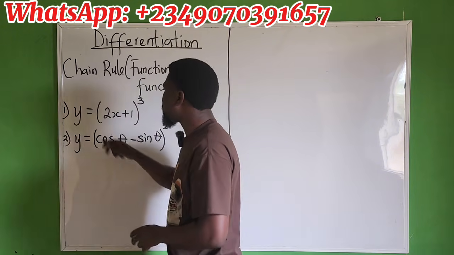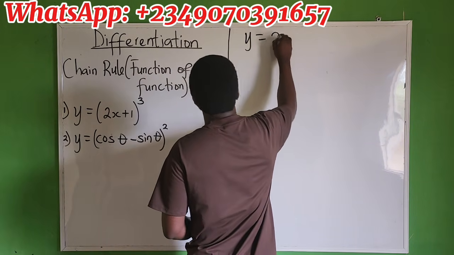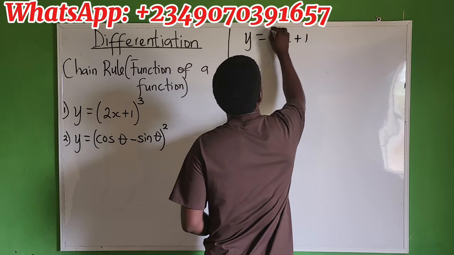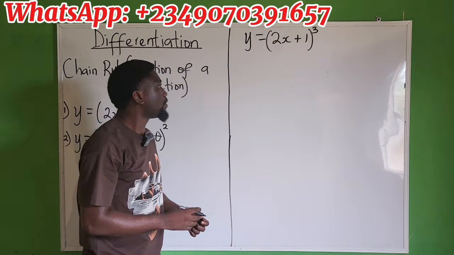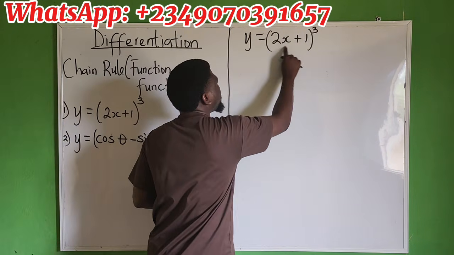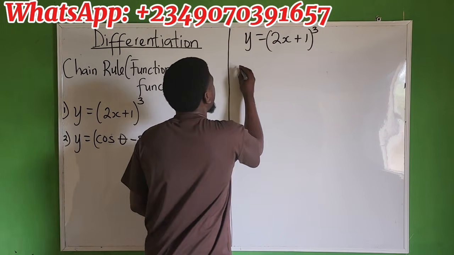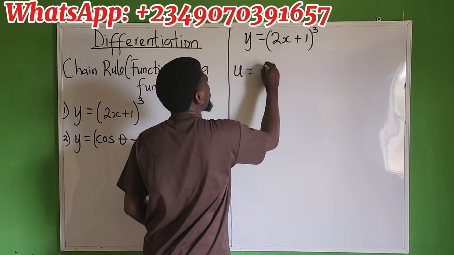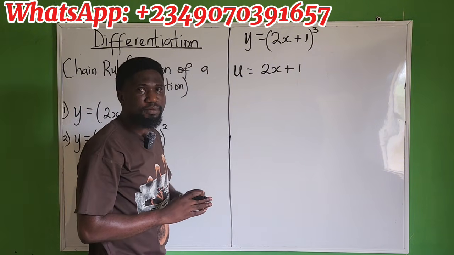Alright, so for question 1, we have y equal to (2x + 1) raised to power 3. The first thing we are going to do is, what we have inside the bracket, we are going to make it u. That is, u is equal to 2x + 1.